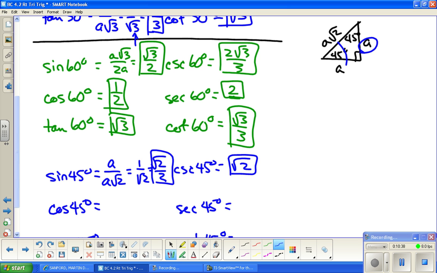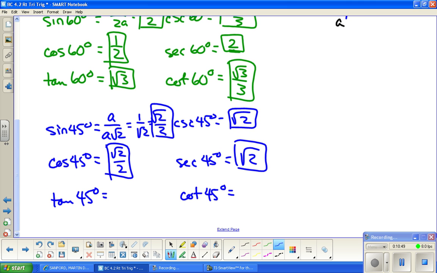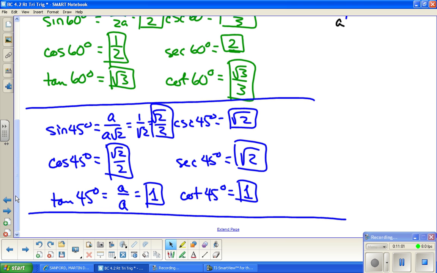And a cosine turns out to be the same exact value, because the adjacent and opposite end up being the same. Tangent of 45 is a over a, which is 1, and the reciprocal of that is 1. Okay. Now again, I went through those quickly, but these are all based on those 3 triangles, which you need to own. You just need to have it.